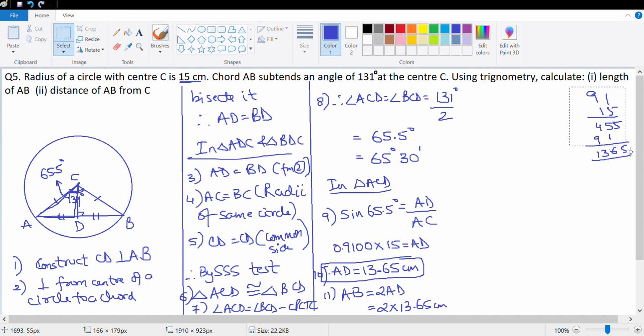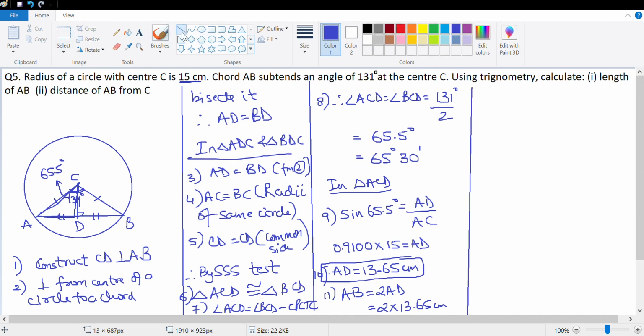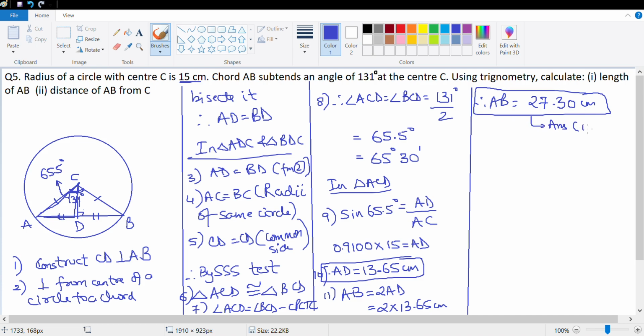Let me erase this calculation, so I'll have space for the second part of the question, which means therefore AB will be equal to 2 into 13, that's 26, and 65 into 2, that's 130. So this will be 27.30 centimeter. That's the first part of my answer to part 1.